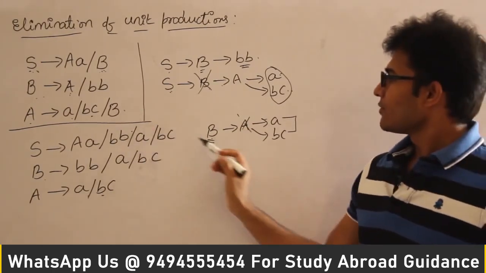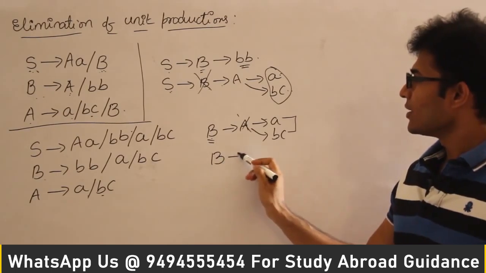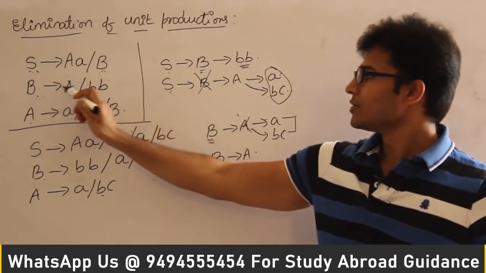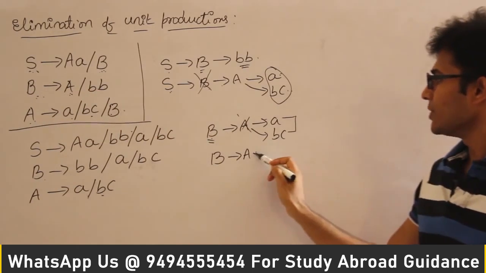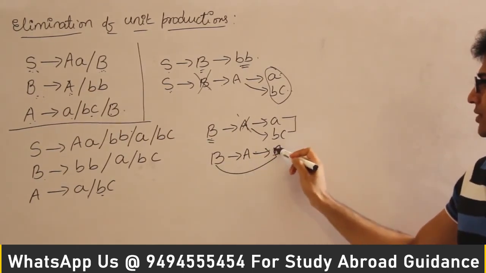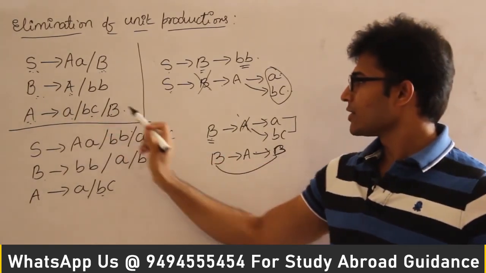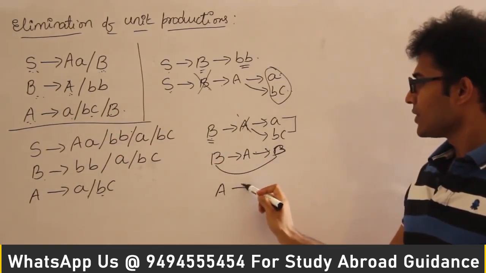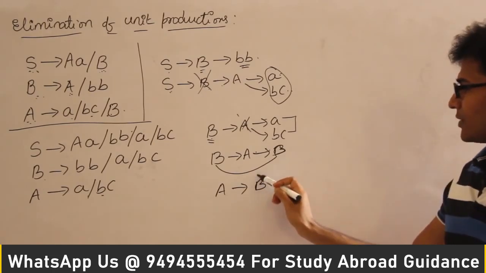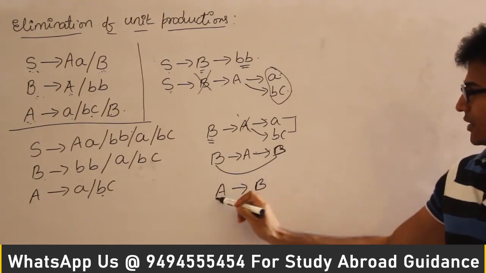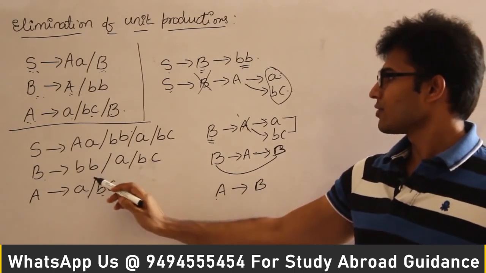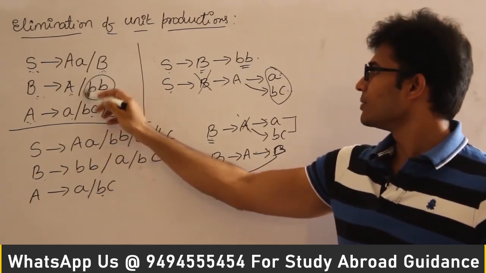Now, what is the other one? B could generate A, and A could generate B, which means B is generating B itself. You need not add anything for that, right? And the next one is A generating B. If I delete this, what A might miss out is the chance to generate BB.